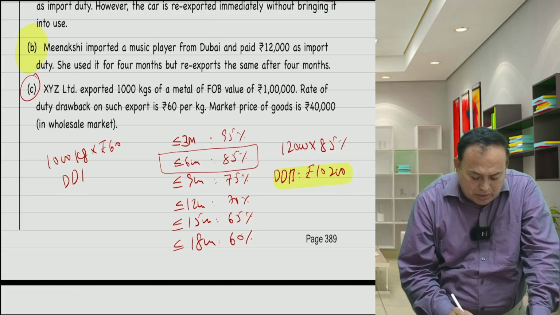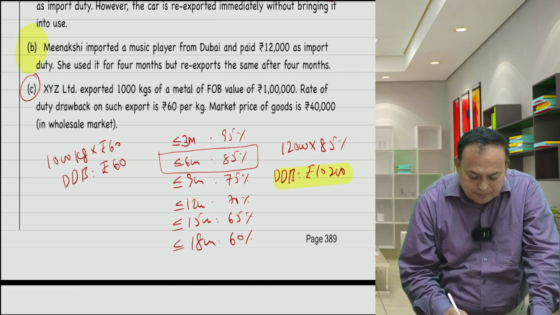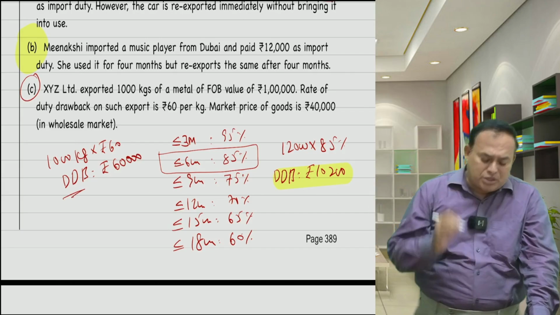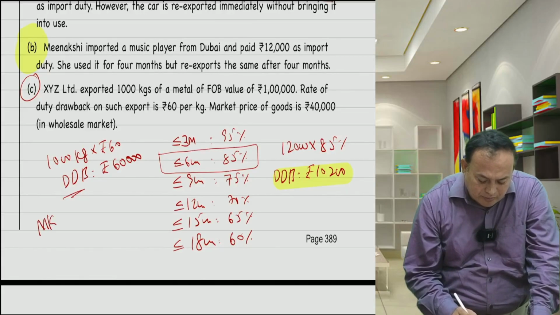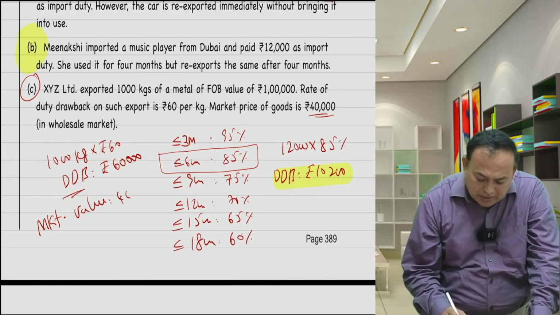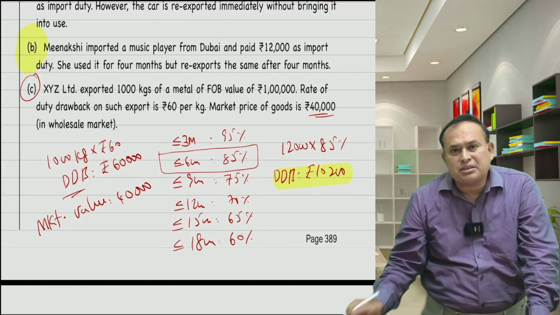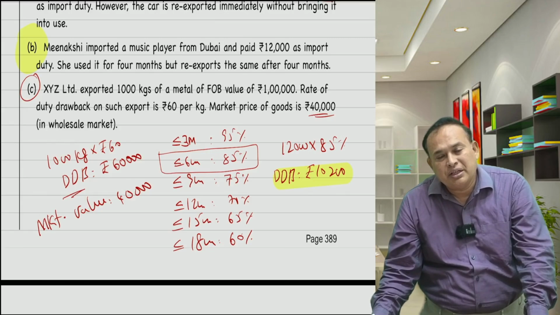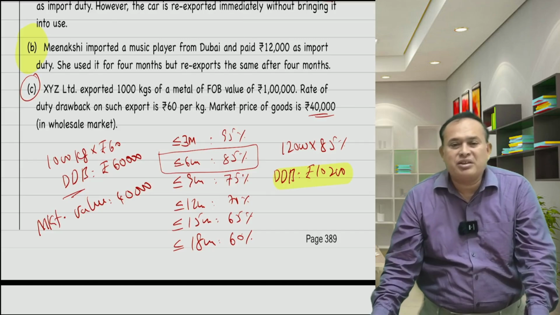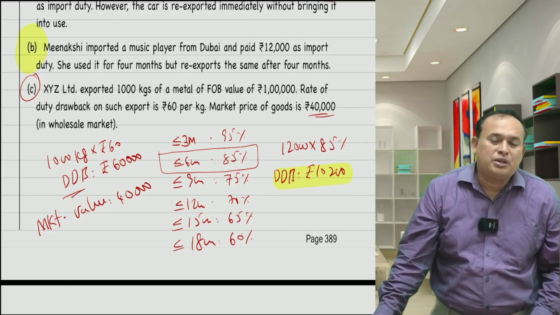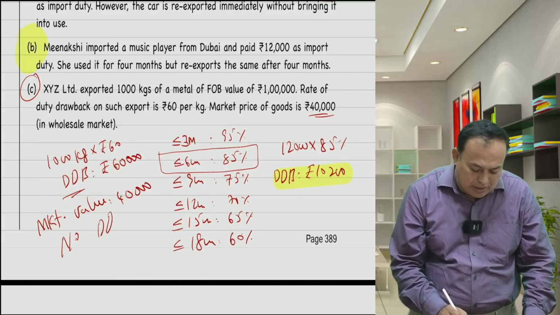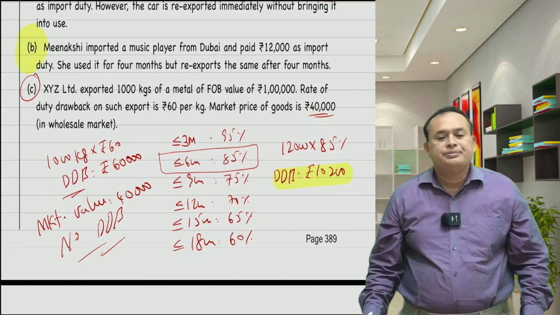The duty drawback amount they are trying to claim is 60,000. The market value of the goods is rupees 40,000. How dare you ask for duty drawback more than the value of the goods? Therefore, in the given case, XYZ Limited, you are a fraud. Duty drawback not allowed. Not a single rupee. No duty drawback in the given case.